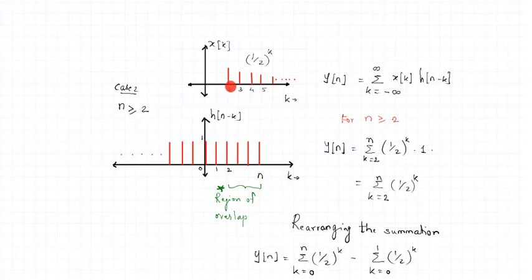So this way we covered the area. In this case we are covering the region of overlap between the two signals that covers the area from 2 up to plus infinity. In the first case, we covered the region from minus infinity up to the sample less than 2. In the second case, the overlap is covering the region from 2 up to plus infinity.